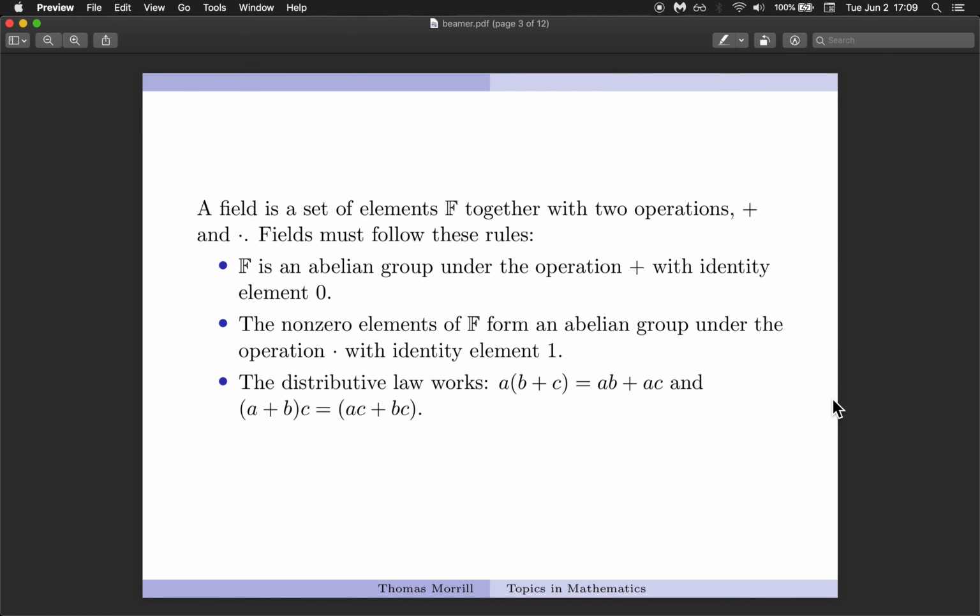So this is the definition of a field. It is similar to the way that we defined groups.